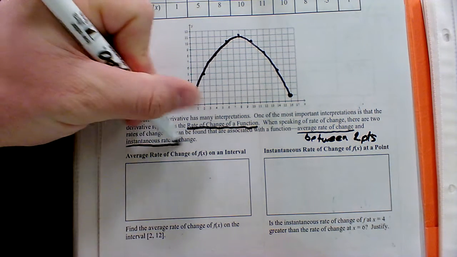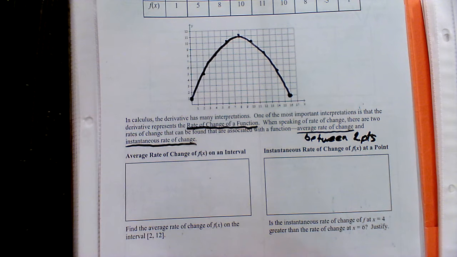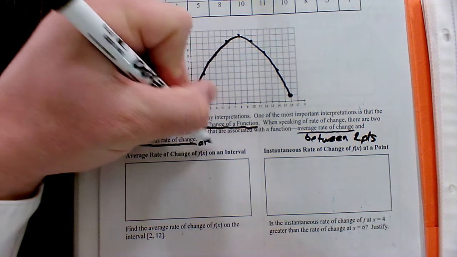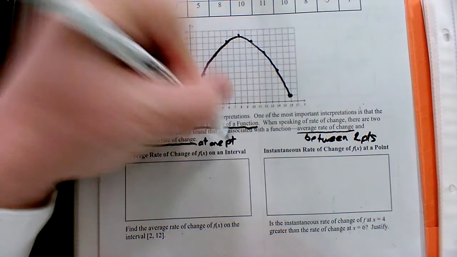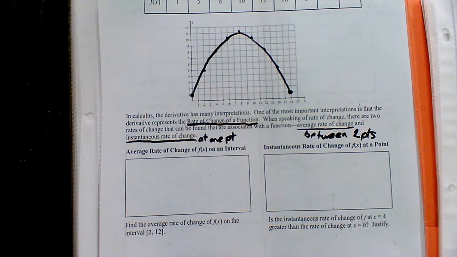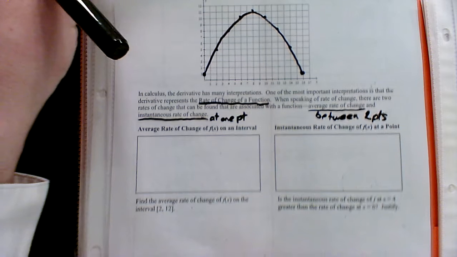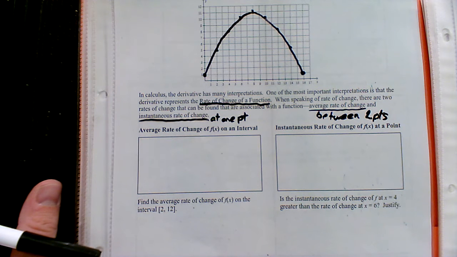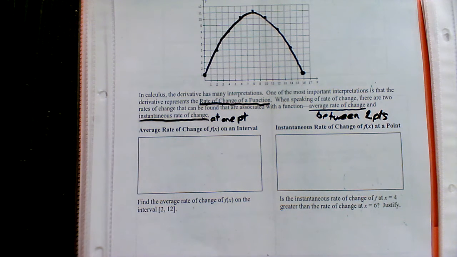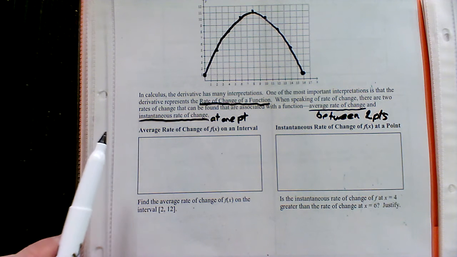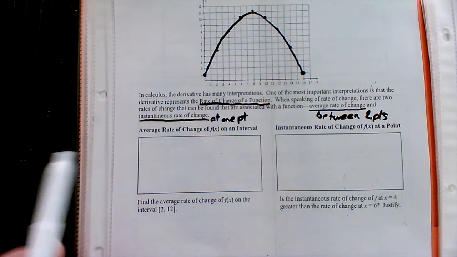The instantaneous rate of change is at 1 point. Alright, so let's talk about this average rate of change then. So the average rate of change of f of x on an interval.